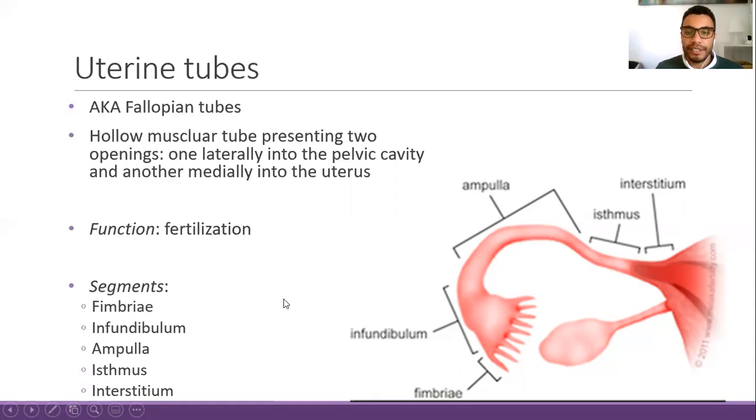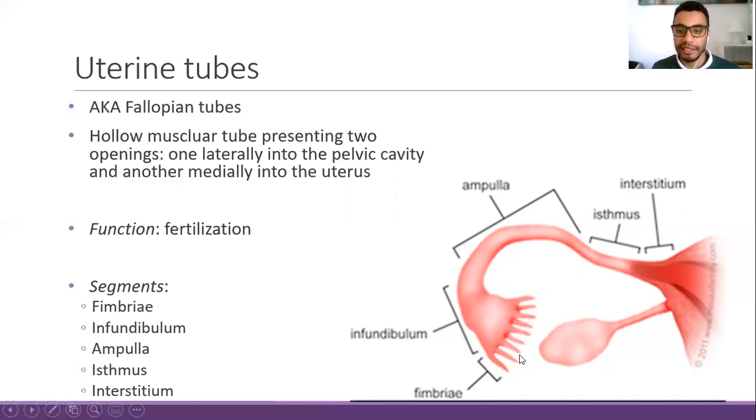This one here is the fimbria. The fimbria is part of the infundibulum, the extremities of the infundibulum. During ovulation, the fimbria gets swollen. They are like little projections of the infundibulum, and they swell during ovulation.